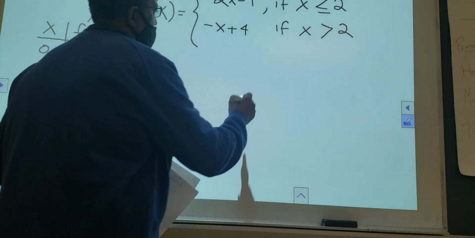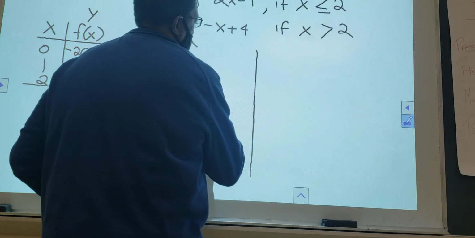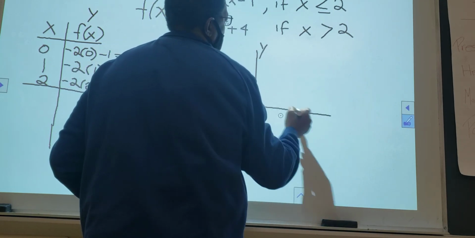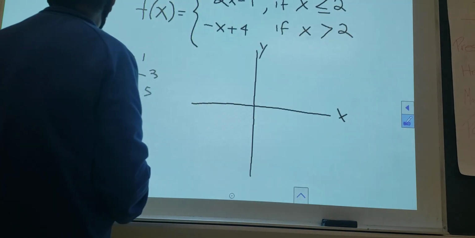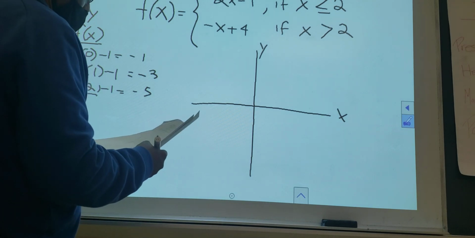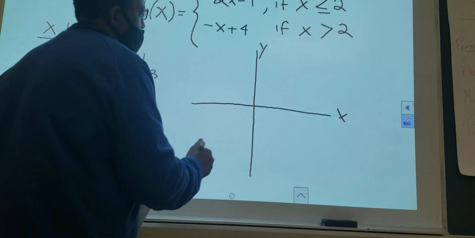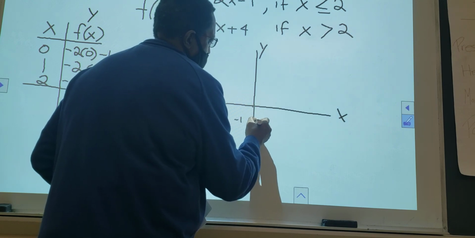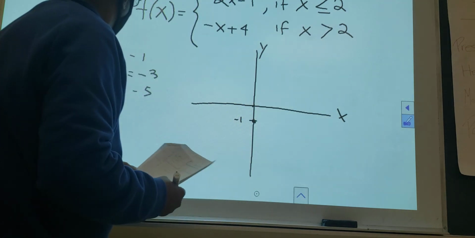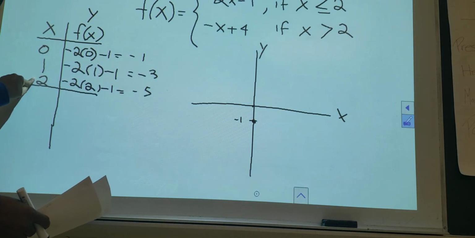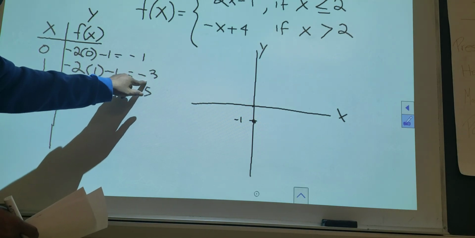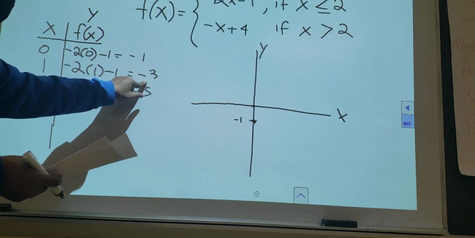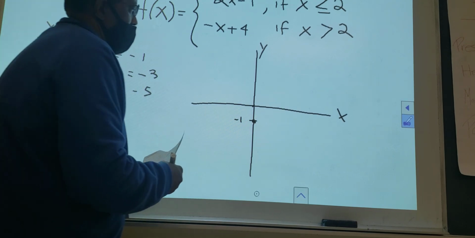So let's go ahead and graph that. If x is 0, y is going to be minus 1. So x is 0, y is minus 1, so that's going to be right there, okay. It says x is 1, f of x is minus 3, I'm sorry.